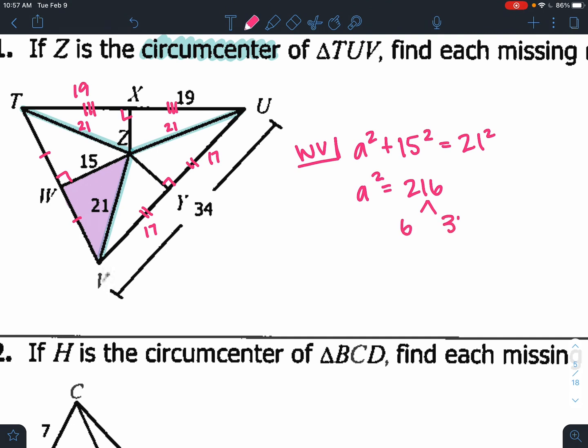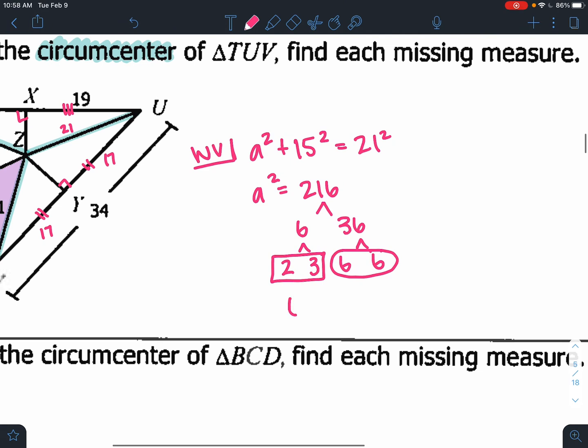So 6 times 36. 6 is 2 times 3. 36 is 6 times 6. Now remember that we're looking for pairs of numbers, so I'm actually going to stop there. And these two are left without a buddy. So I'm going to bring out the 2 times 3 as a 6, and a pair leaves the house as 1.